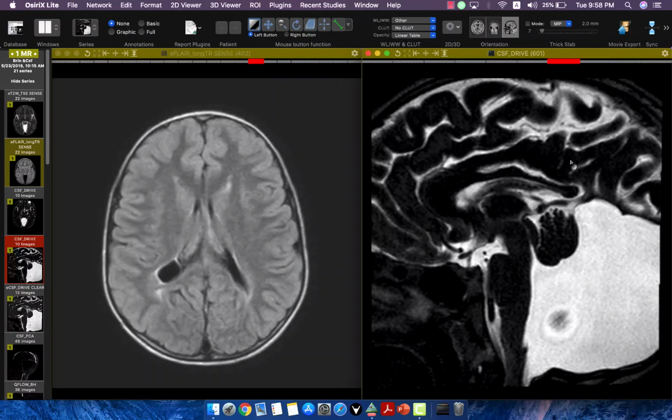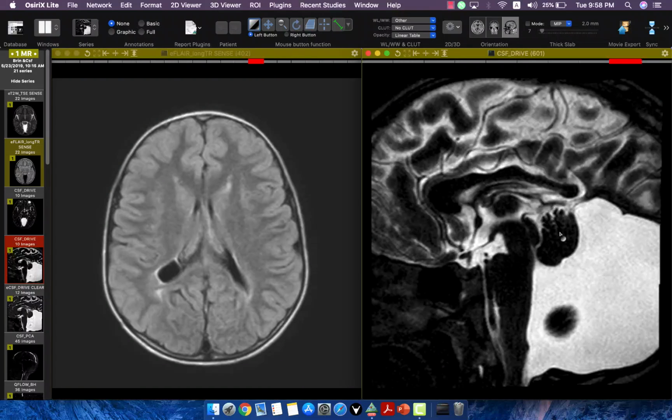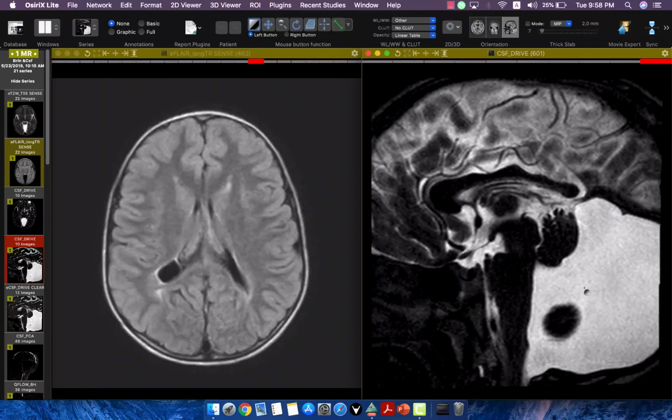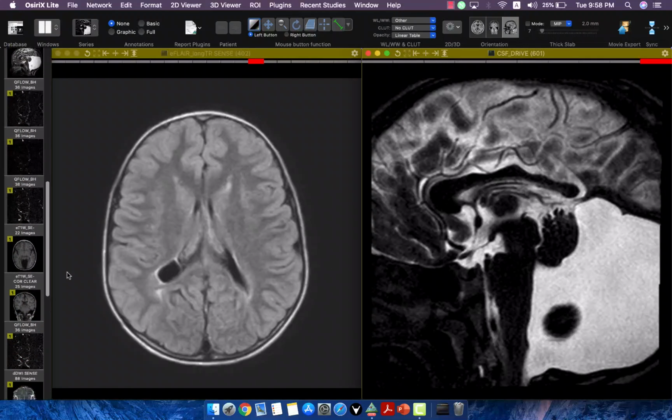This is the sagittal image. Here we can see there is narrowing of the course of the aqueduct of Sylvius, but it could be some sort of web here, and we are not sure if there is an aqueductal stenosis or not. So we did CSF flowmetry for this patient.